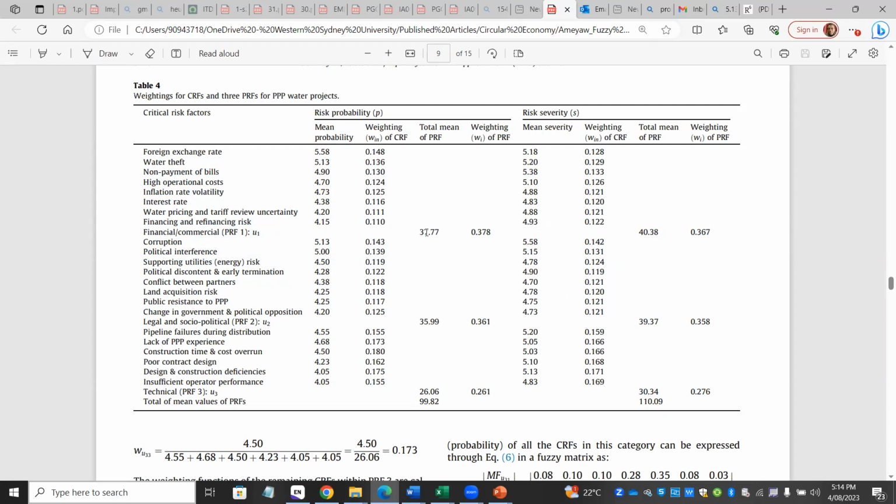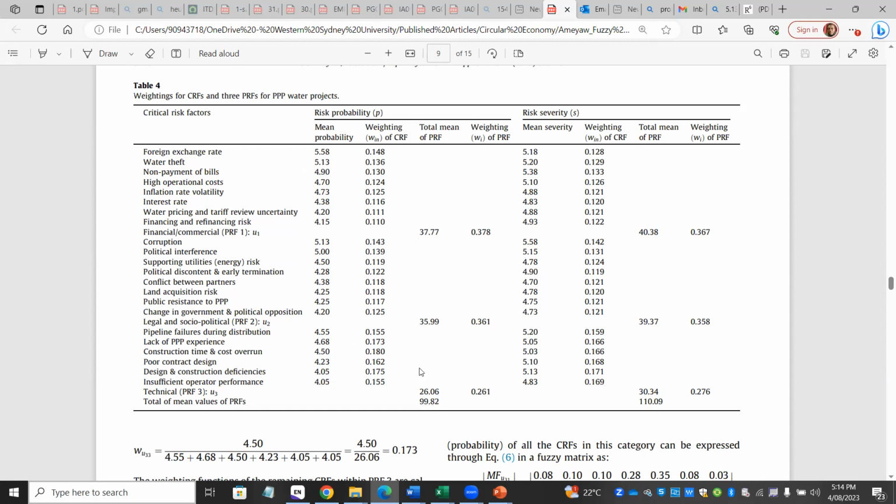Now let's come to the group. How do we get the weighting of group 1? This is the same as what we did in the previous tutorial. All you have to do is add the total mean of each of the groups. We have 3 groups. The total mean of group 1 is 37.77, group 2 is 35.99, and group 3 is 26.06. You add all the 3 together to give you 99.82.